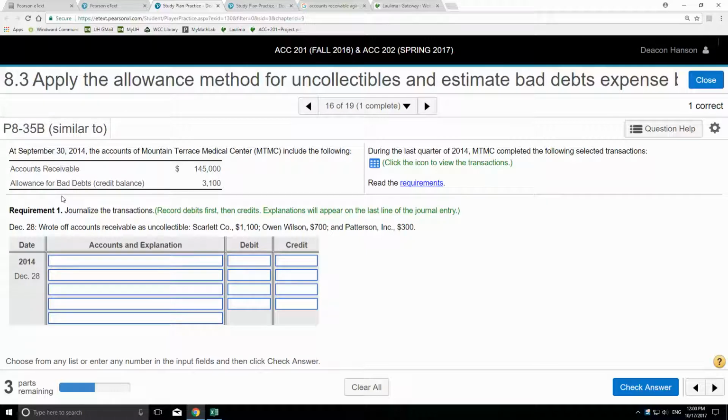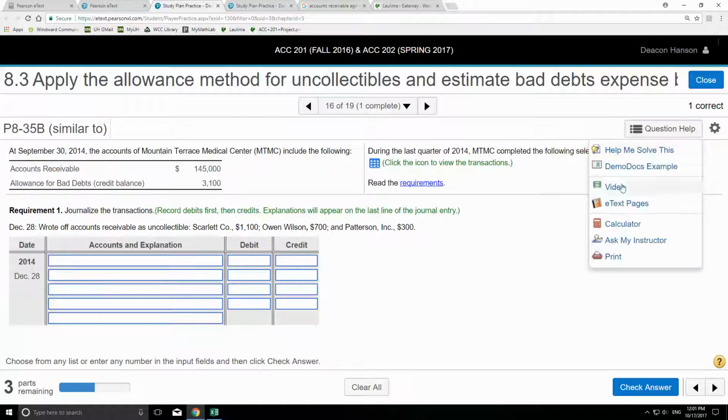Okay, so it says, at September 30th, 2014, the accounts of Mountain Terrace Medical Center, MTMC, included the following. So they got their gross accounts receivable, $145,000, and then the allowance for bad debt, $3,100. Okay, and they indicate credit balance here. Of course, we already know that the allowance is a contra asset account.